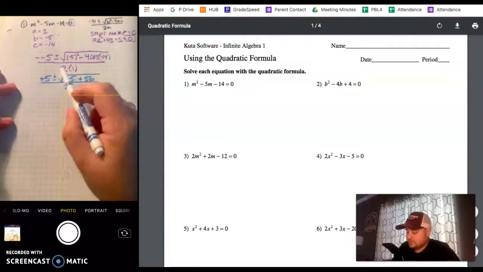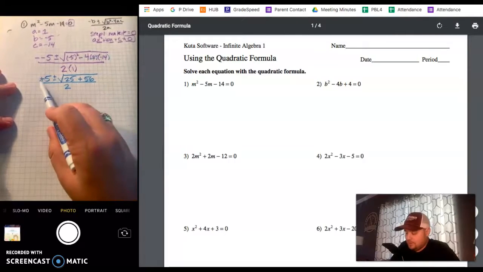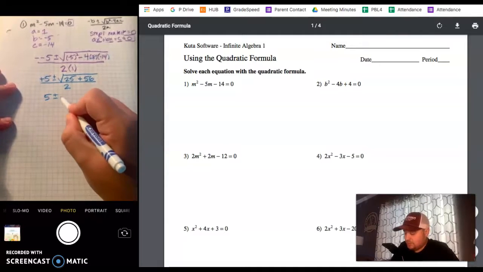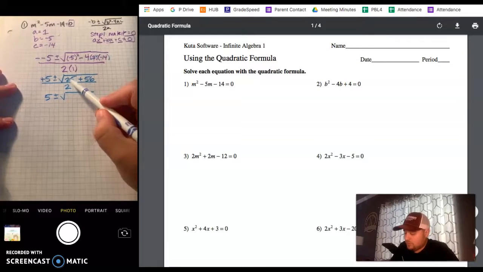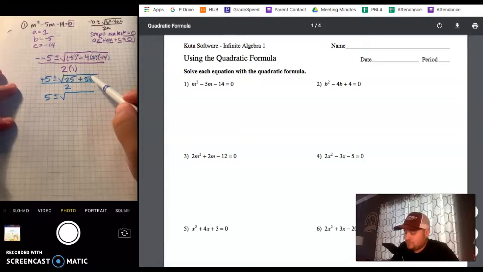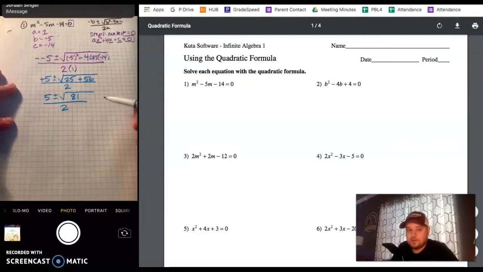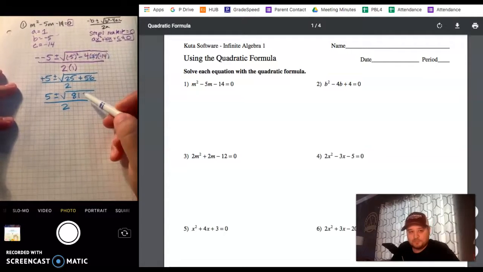All right, so this is good. We've really cleaned it up quite a bit here. Instead of writing positive 5 now, I'm just going to write 5. So we got 5 plus or minus the square root of 25 plus 56, that's 81, over 2. So now I've got 5 plus or minus, what's the square root of 81?